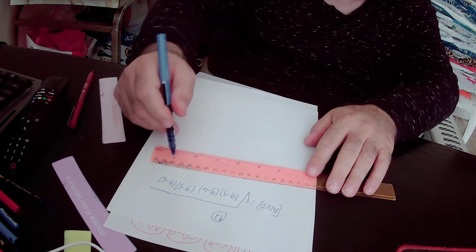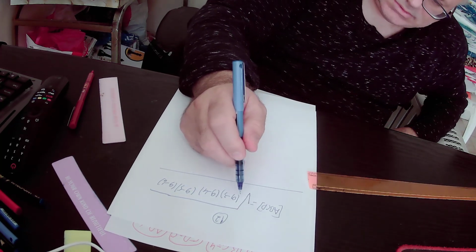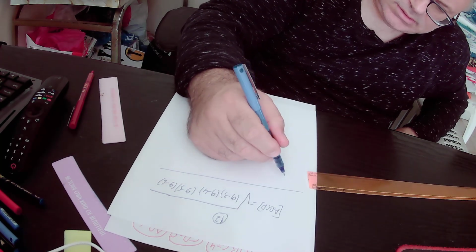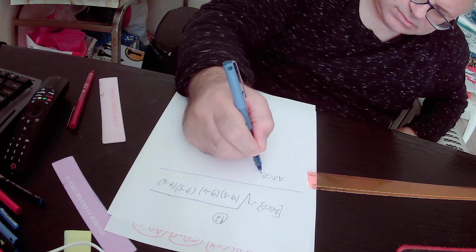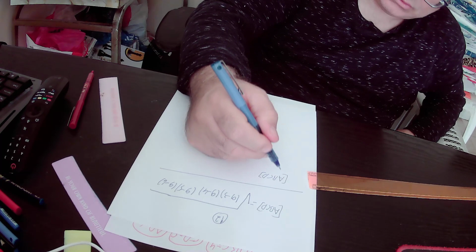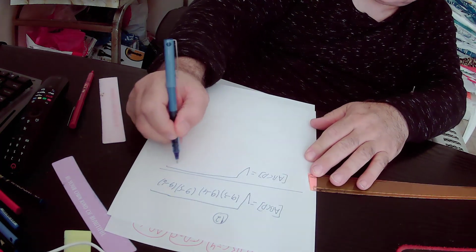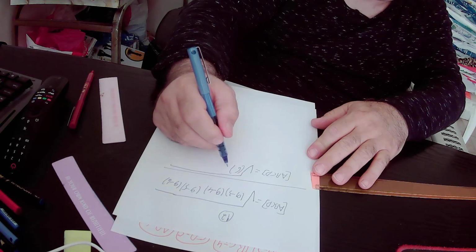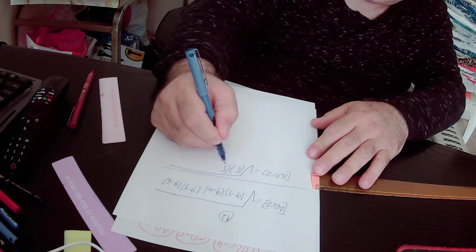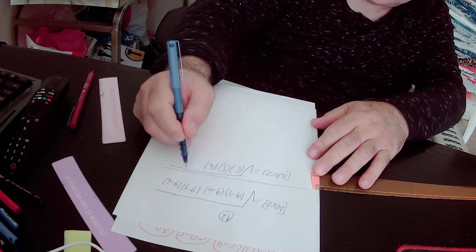So the area of quadrilateral ABCD according to this equality will be equal to the root of 9 minus 3 is 6, 9 minus 4 is 5, 9 minus 5 is 4, and 9 minus 6 is 3.